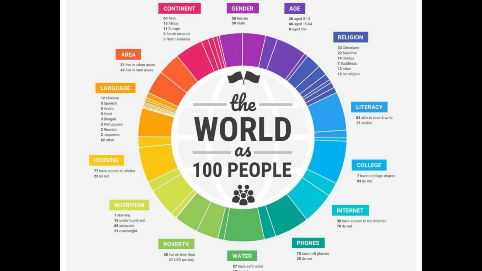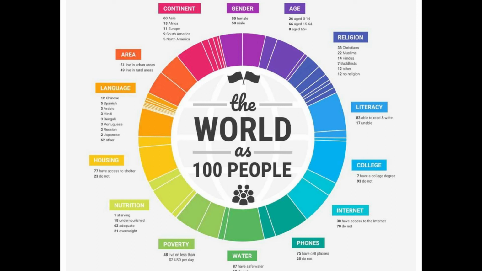Similarly, the world population, how they are dividing it, yeah, beautiful diagram. Gender wise, female 50%, male 50%. So it is a good sign for the world, but in India, you will see it is very bad.